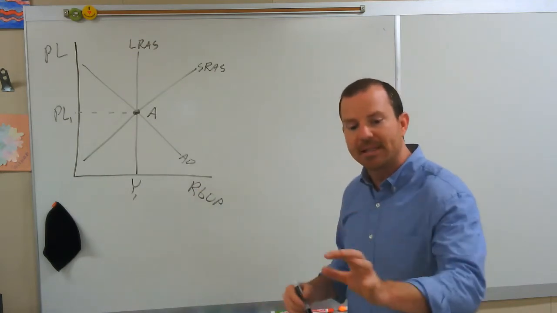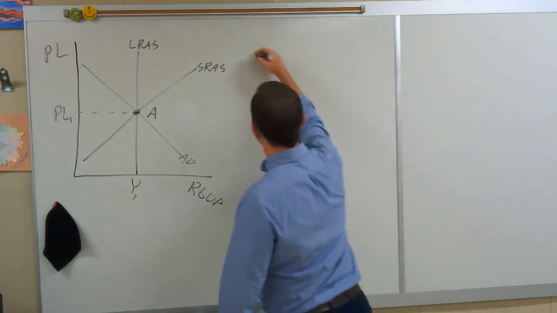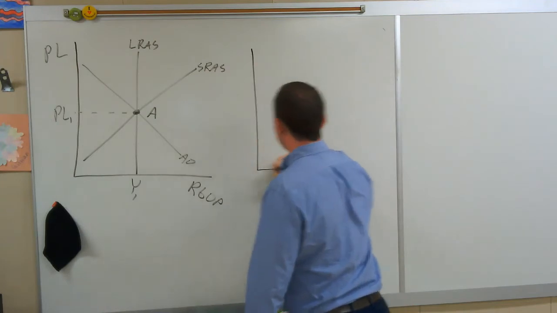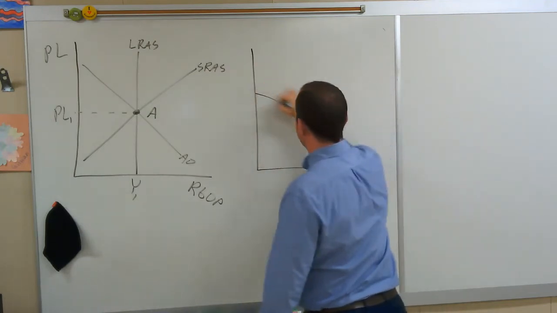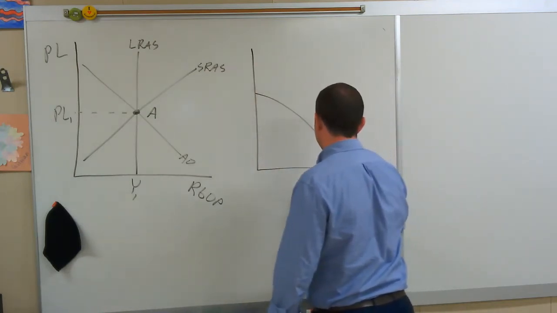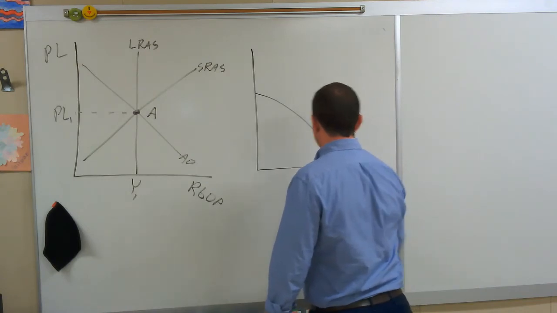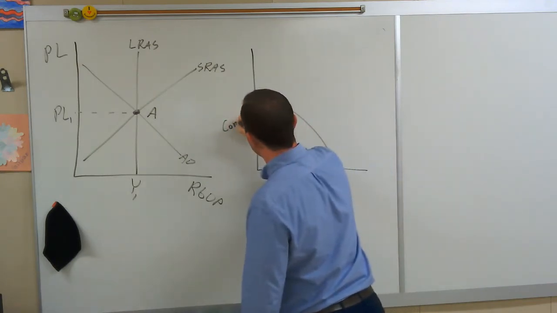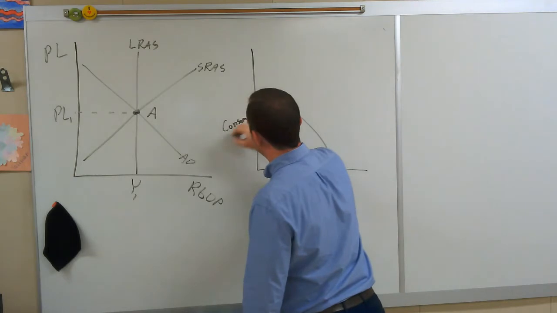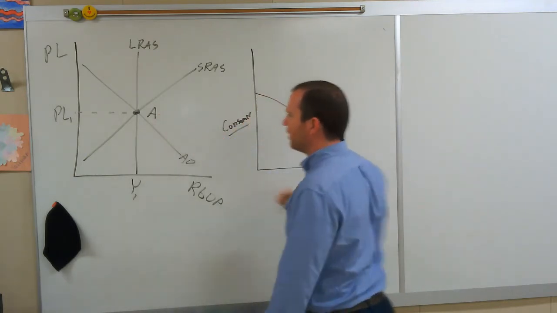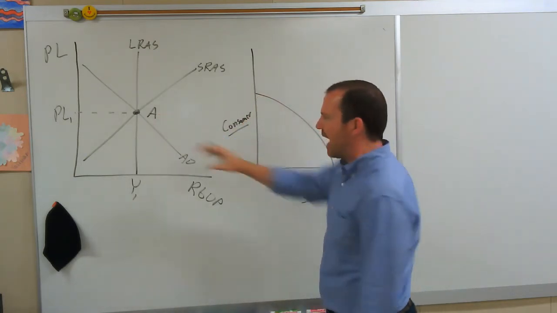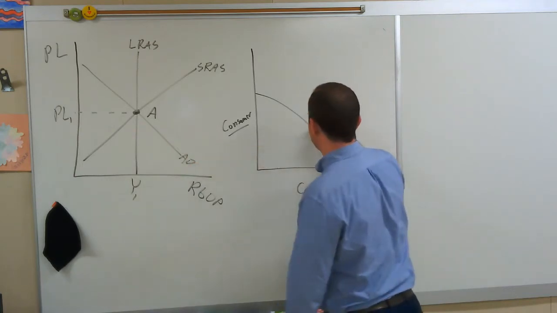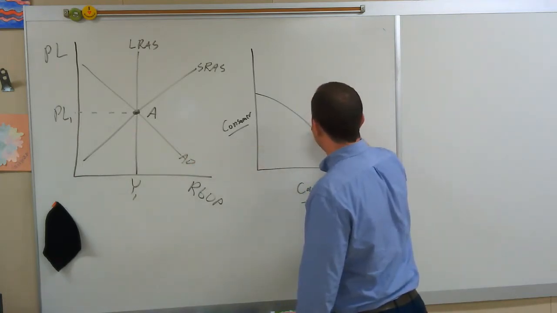Okay, now, on a PPC, how would this look? I want you to be able to connect these things. On our production possibilities curve, right? Capital goods, consumer goods. If we're at our long-run equilibrium here, that means that we're at our potential output, so we're at our potential output on the PPC.